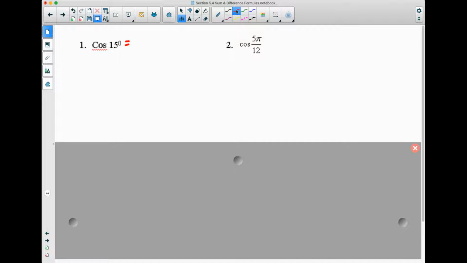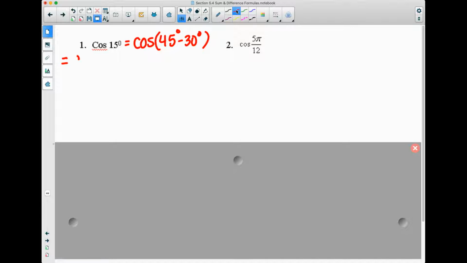We're going to make this cosine of 45 minus 30. All right, so that is our cosine of alpha minus beta formula.